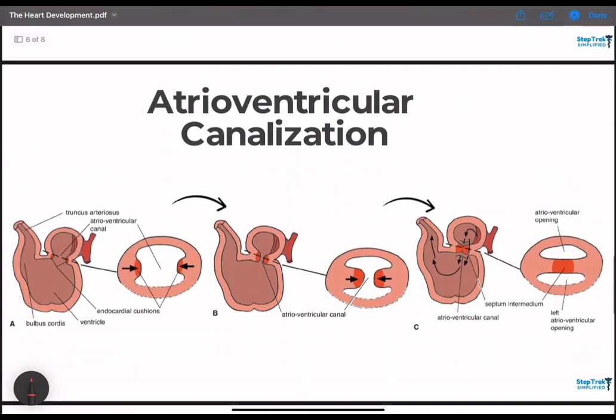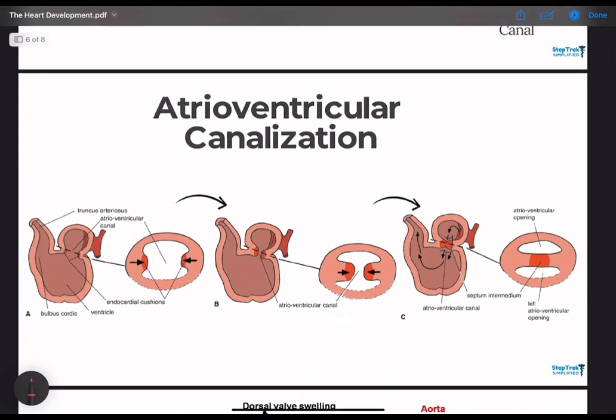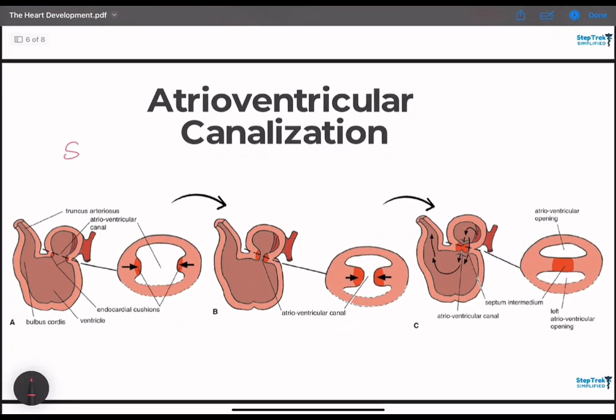This is another view, a coronal view. We have the atria and ventricle. There is a growth of endocardial cushions, and at last they fuse with each other, thus dividing the right and left atrioventricular canals.